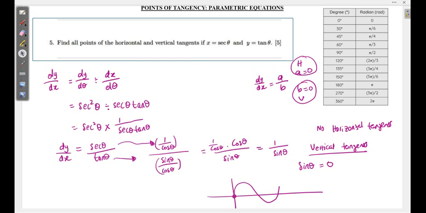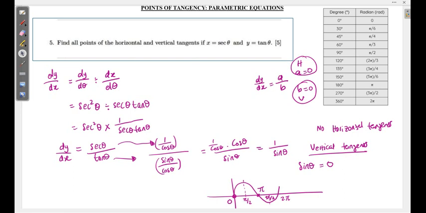Here it's 0, and for my people who are struggling with radians, I know myself I struggle with radians, so I usually just try to memorize this table. 90 degrees is pi over 2, so here we should have pi over 2, and here 180 degrees, which is pi, and here it's 2 pi. In the middle here is 270, which is 3 pi over 2.